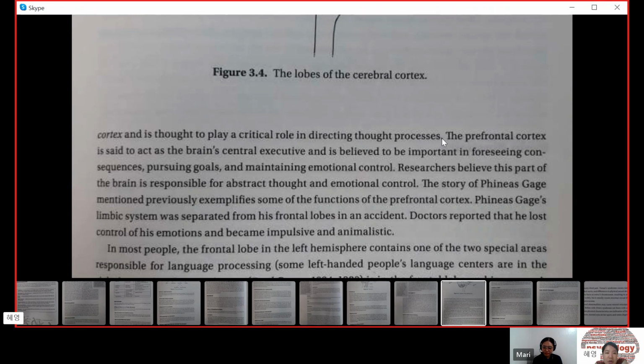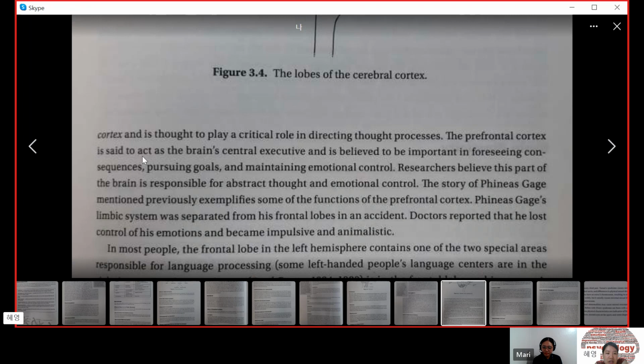The prefrontal cortex is said to act as the brain's central executive and is believed to be important in perceiving consequences, pursuing goals, and maintaining emotional control. Because of this emotional control, this part is really important.